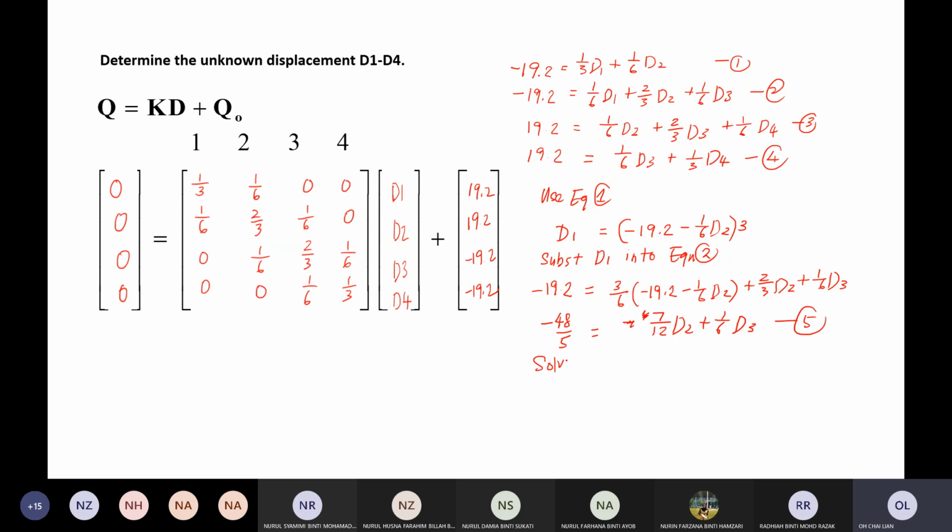So solving equations 3, 4, 5, you can solve for your D2 to D4 first. Then only you substitute back. Maybe I can put this as number 6.